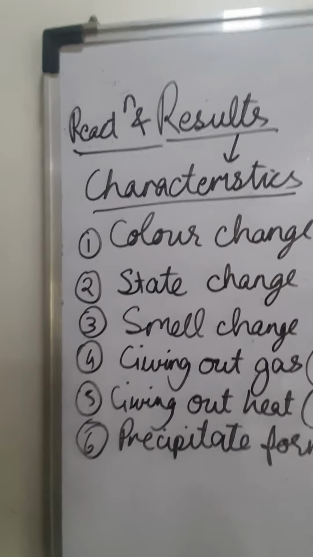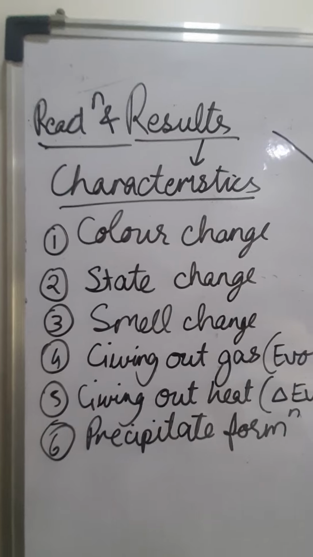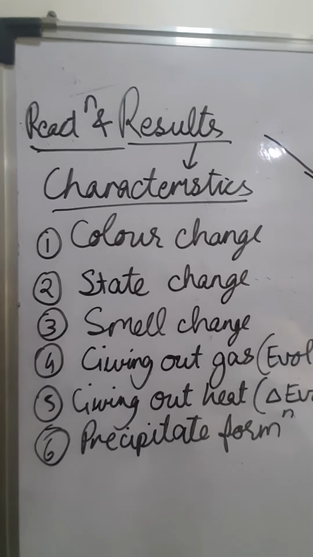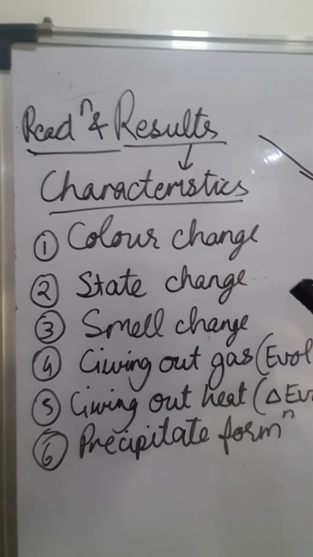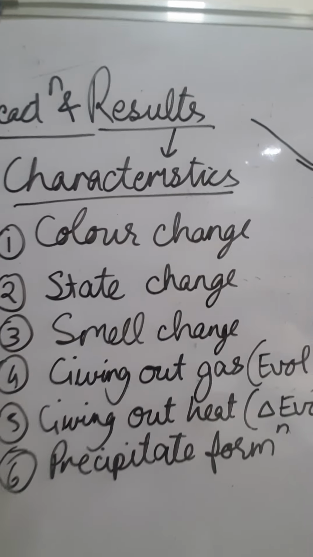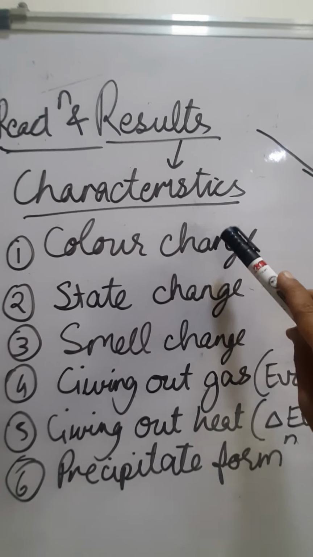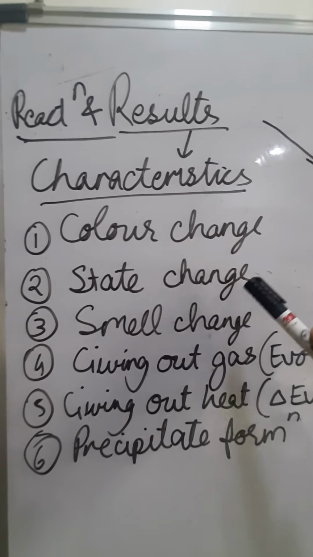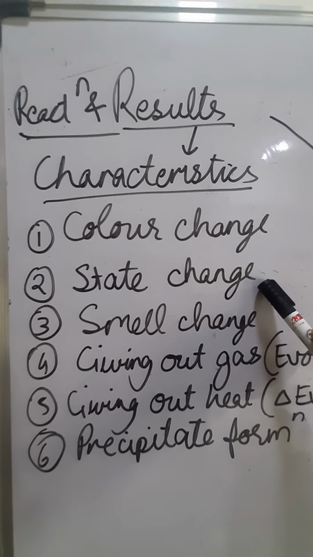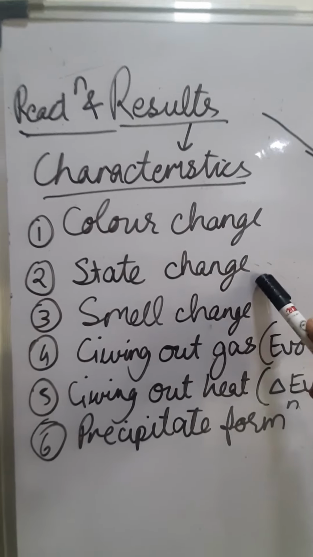Now here we are dealing with the characteristics of the reaction. How will we know what has changed to what? This can be understood by characteristic changes. We have color change: as you all know, the color of the reactant will change as the product is formed. State change: solid to liquid, or two solids combine to form a liquid, is called state change.